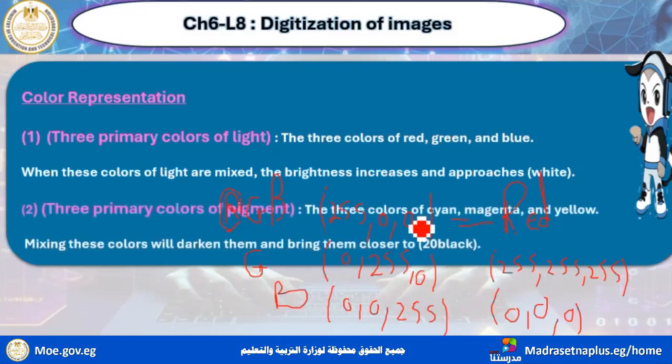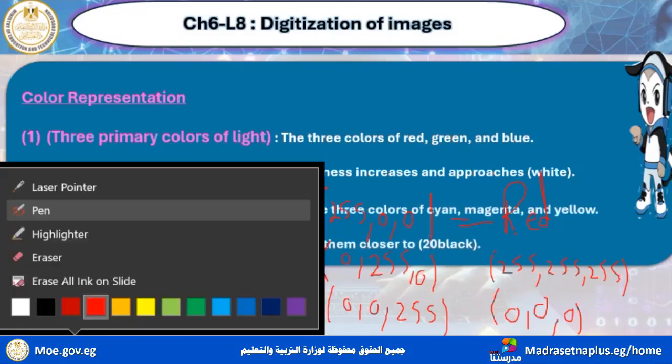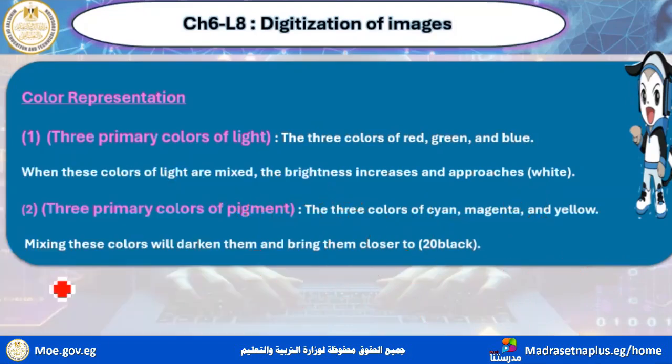Now moving to the three primary colors of pigment. Here we see that these are the three primary colors of light, and here are the three primary colors of pigment.